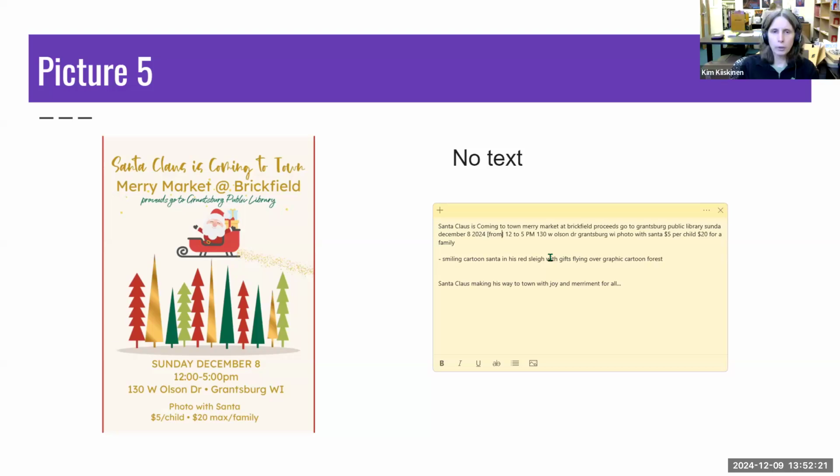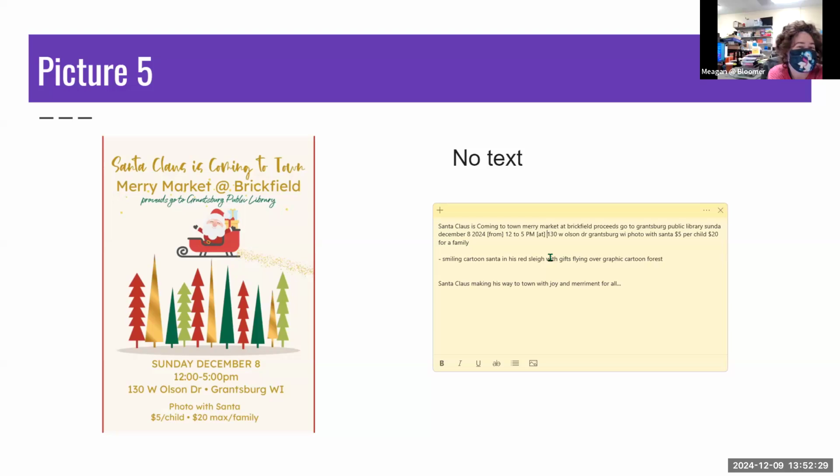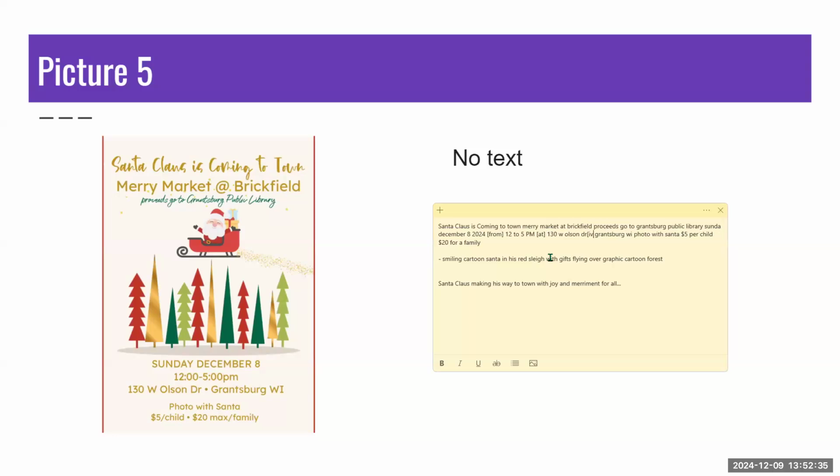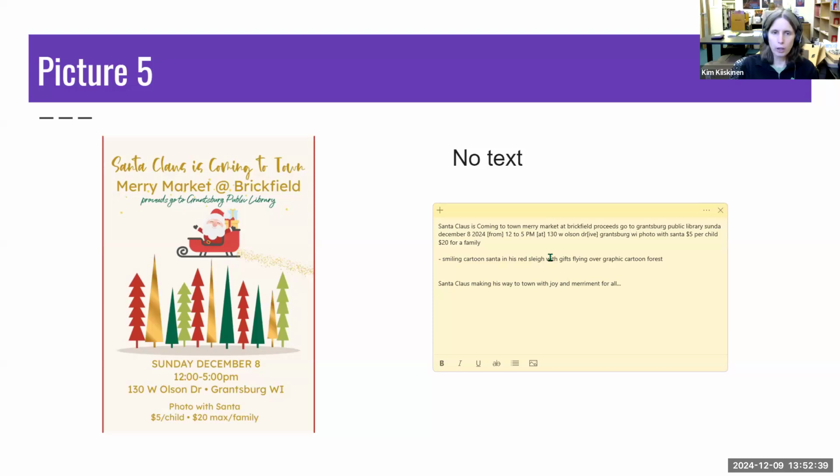For PM, do we just do capital P, capital M, or are we supposed to put the dots in for the screen readers? Punctuation doesn't really matter with screen readers because it runs it together so fast. They almost don't like punctuation. It really doesn't. Okay, so just do PM.